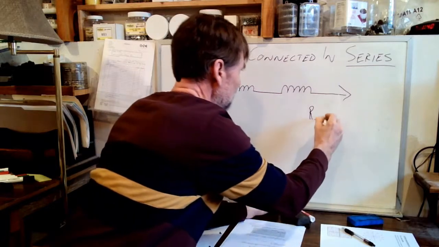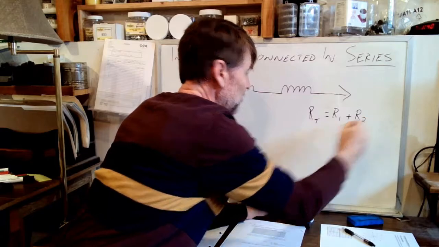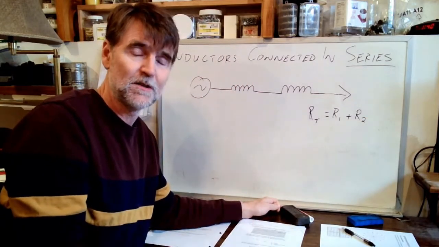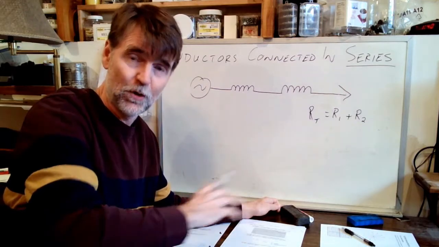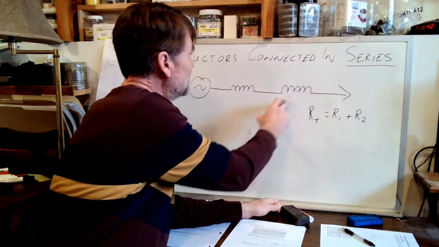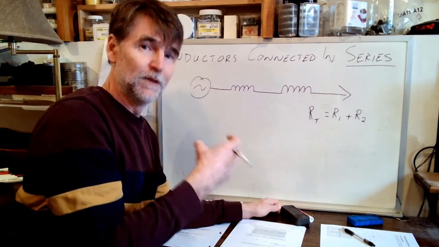Okay, so it would be RT equals R1 plus R2. Right? When you connect resistors in series, how do you calculate the total resistance? Just add them up. Okay, so these are resistive-like values.